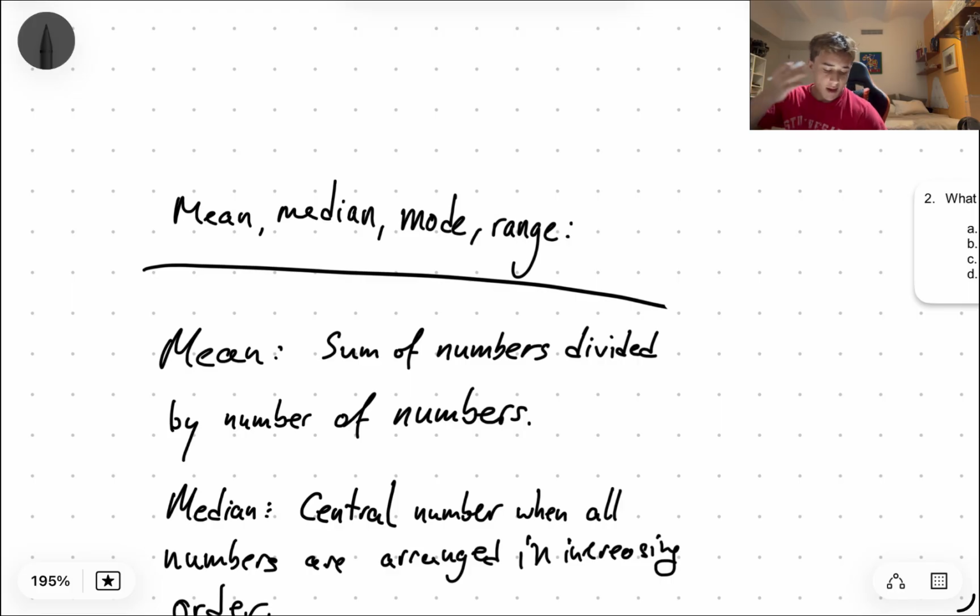So the idea of mean, median, mode, and range is, if you give me a bunch of numbers grouped together in a set, I can calculate the mean, the median, the mode, and the range of those numbers. Those are all single numbers, right? And if I give that back to you, it tells you some information about the numbers, but it also loses some information.